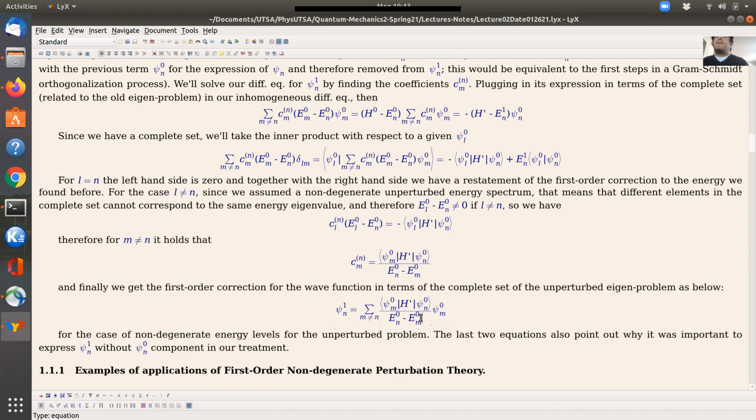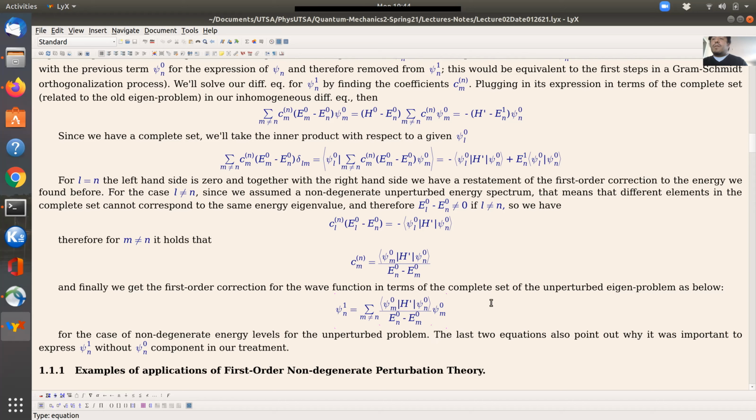That's the whole importance, and why we treat the degenerate case as a different case from the non-degenerate case, okay? So again, just stressing that we have made the assumption of non-degenerate energy levels for the unperturbed problem.